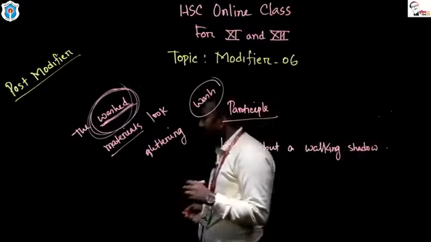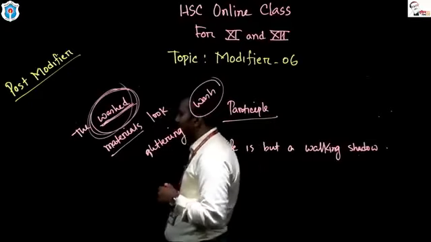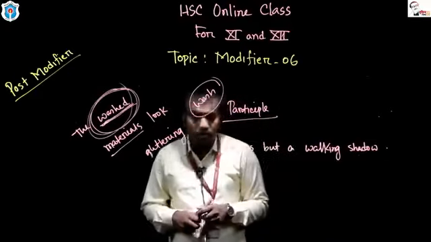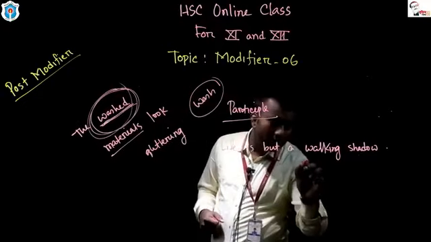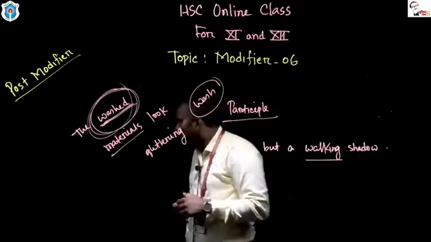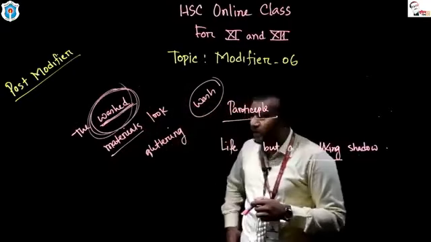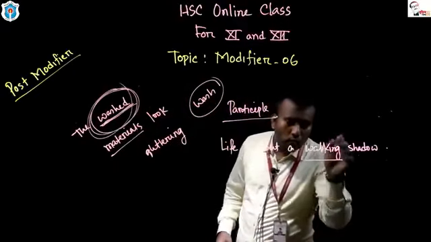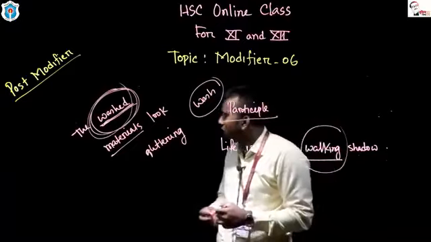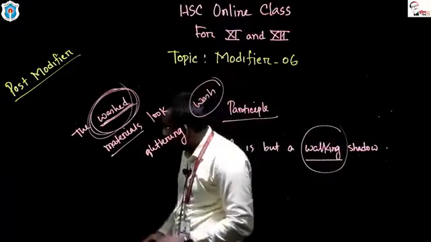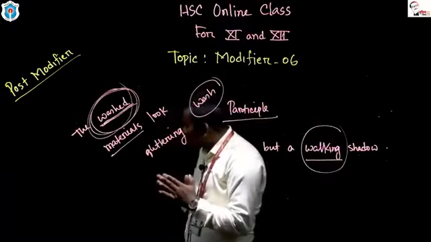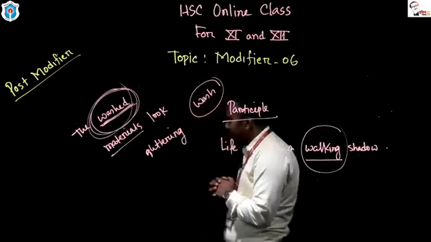Look at this. Life is but a walking shadow. Here, look at the word walking, dear students. What kind of participle is walking? Who can tell me? What kind of participle is walking, dear students?